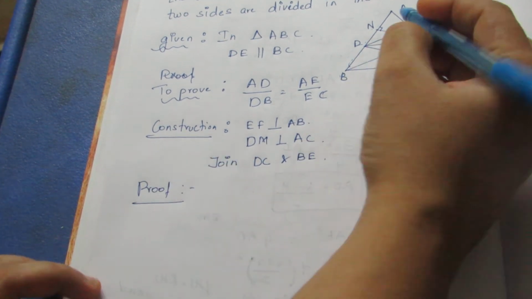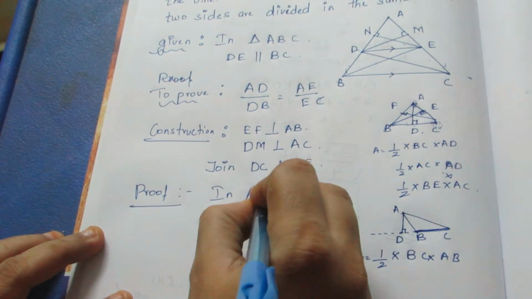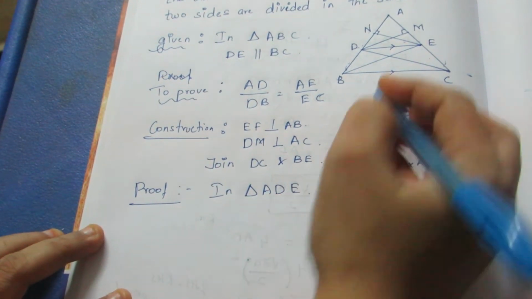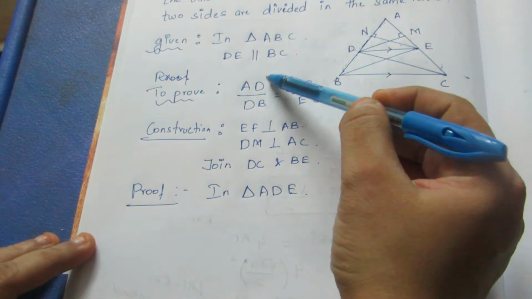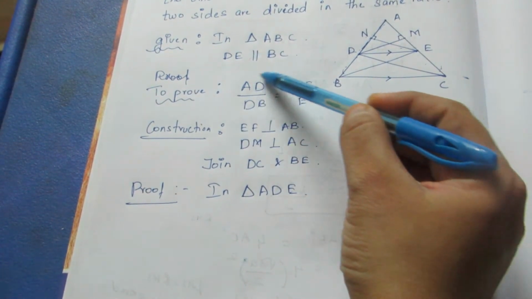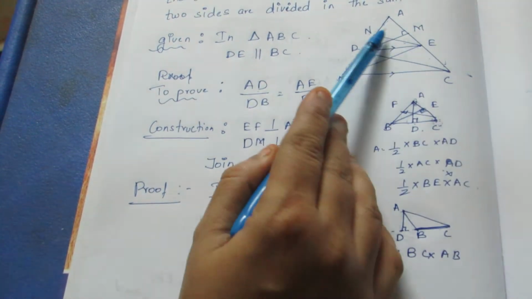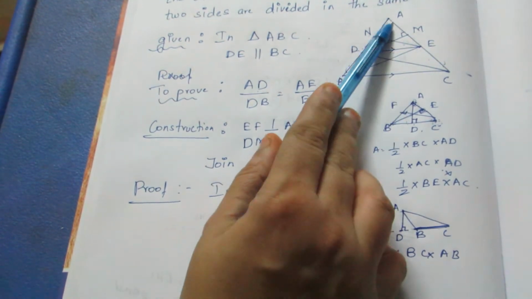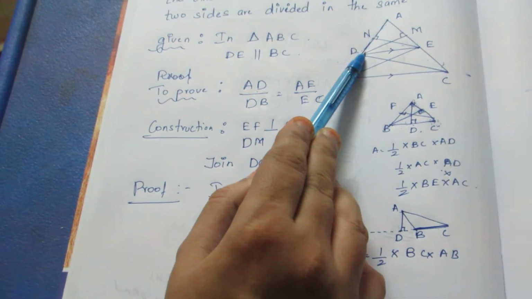In the proof I am taking the triangle ADE. Because I want AD to be in the proof, I am taking the base to be AD. If in triangle ADE this is my base, my area of a triangle will be half into base into height.